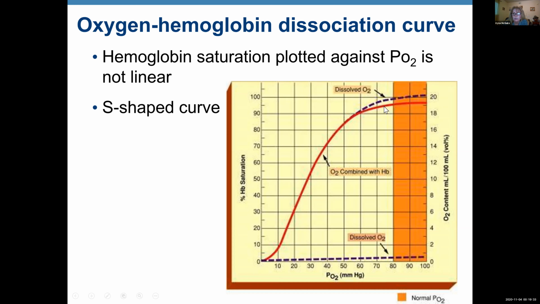Now the curve becomes flat. What it means is that when partial pressure of oxygen is 75, almost 98% of hemoglobin is saturated. So when partial pressure of oxygen is 75 millimeters mercury, all your hemoglobin carries as much oxygen as it can.